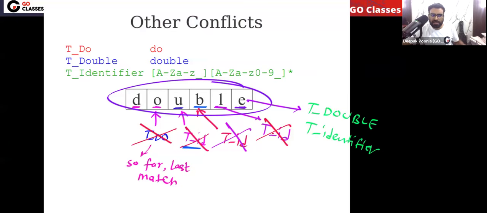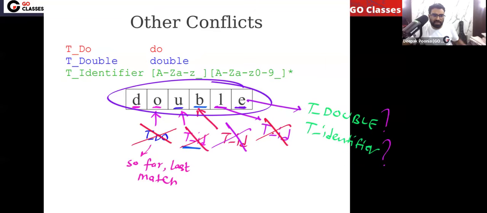Let me tell you the answer. In this situation, we will use priority. There is something called priority. We will assign priority to the tokens, and by default, the token that we write first has the higher priority. Basically, this is the default order of priority. You can notice there is a problem here. Yes or no? Should I generate this double token?